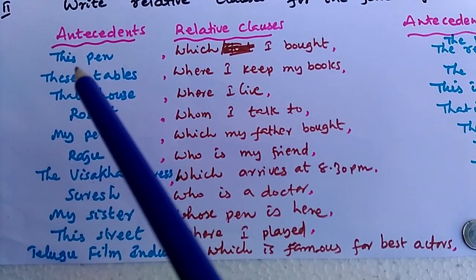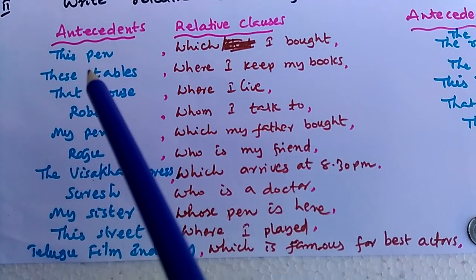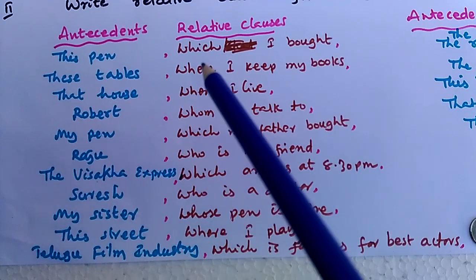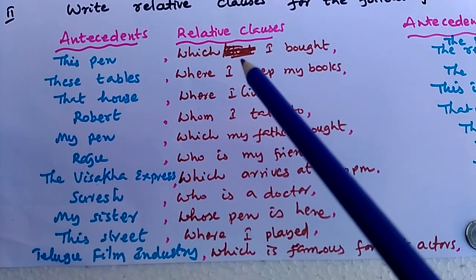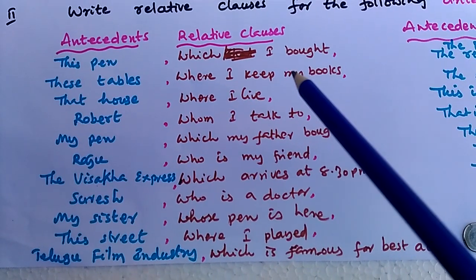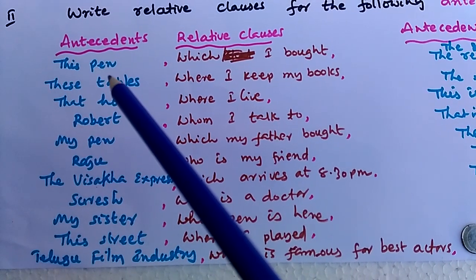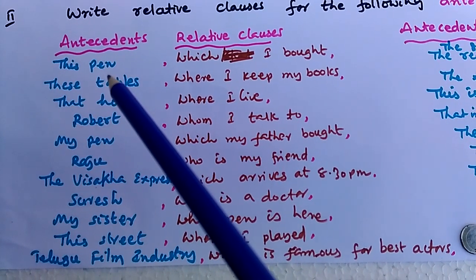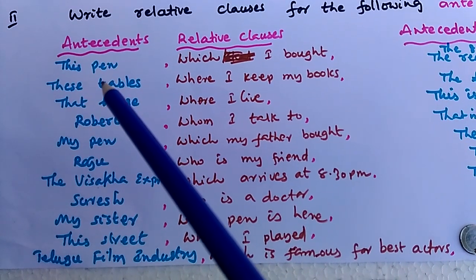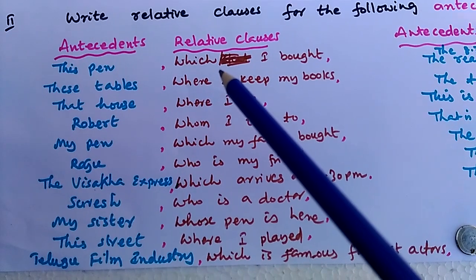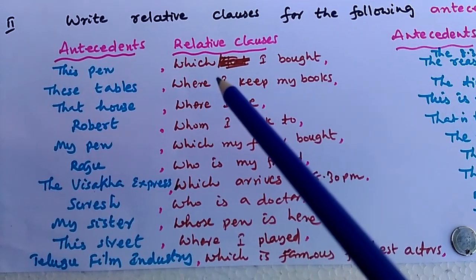That means when we say this pen or that pen, then we can easily identify the antecedent. Then this clause will be a non-defining clause because this clause is not needed to identify this antecedent. So by looking at the antecedent itself, we can easily say whether the clause next to it is a non-defining clause or defining clause.